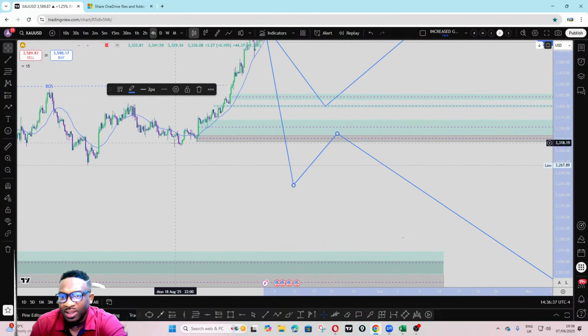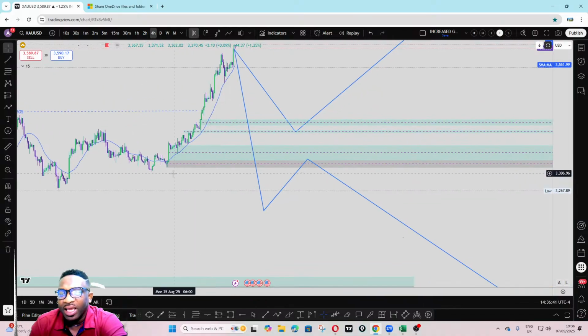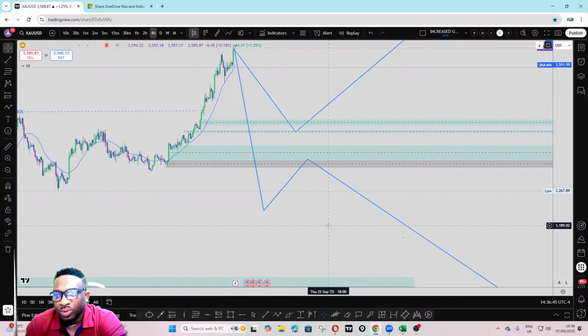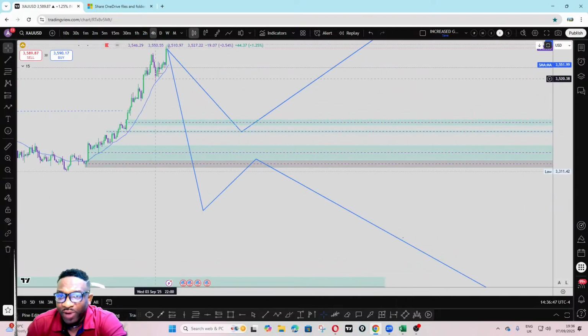So once it clears this, it gives us an indication of its intention to go to the downside. Or even right from here, if we get price taken out, this is the last low point, so we could have a break of structure right from here or even here.